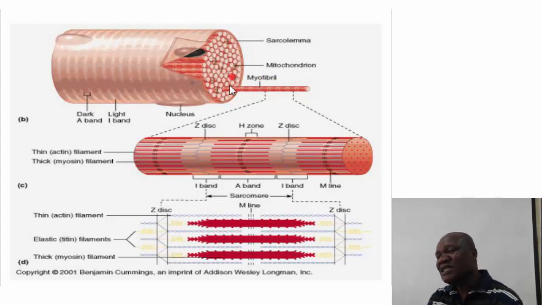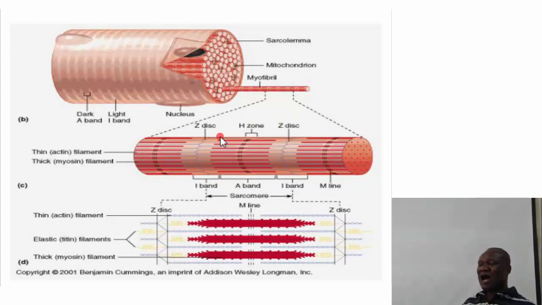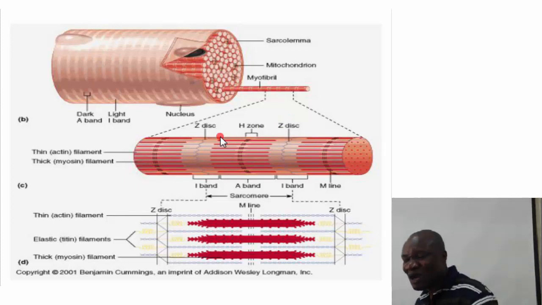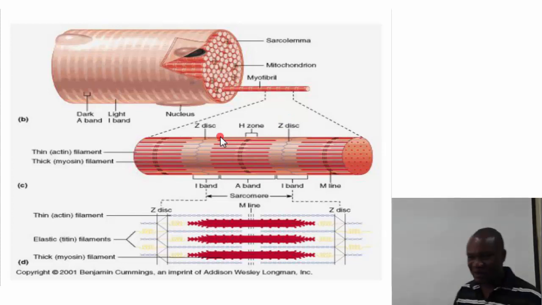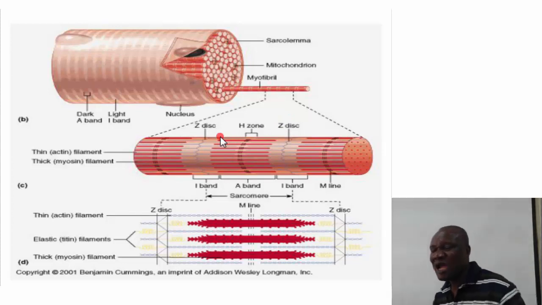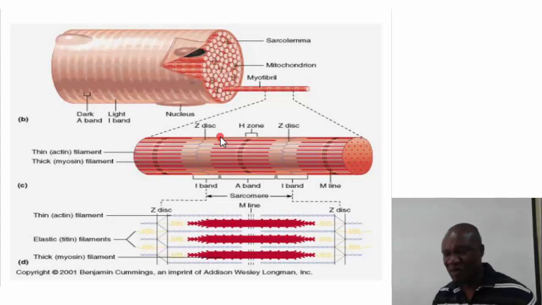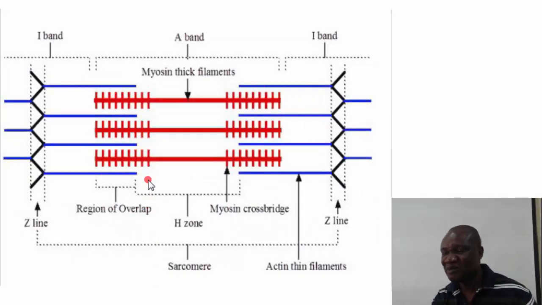Now if we take a single myofibril, this is how it looks like. Now this appearance is as a result of the way the myofilaments are arranged in the myofibril. Now let's look at a simplified diagram of a typical myofibril and the arrangement of the myofilaments.